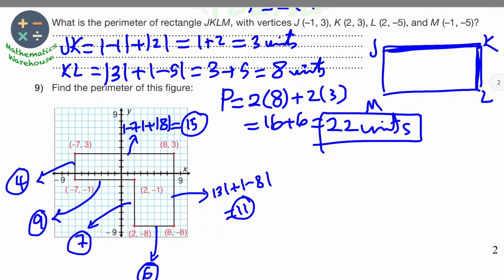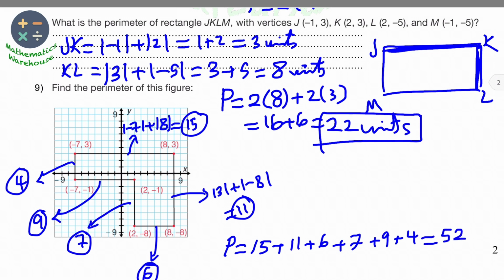Now the perimeter, as we said, is the sum of all sides. So the perimeter equals 15 plus 11 plus 6 plus 7 plus 9 plus 4, which equals 52 units.